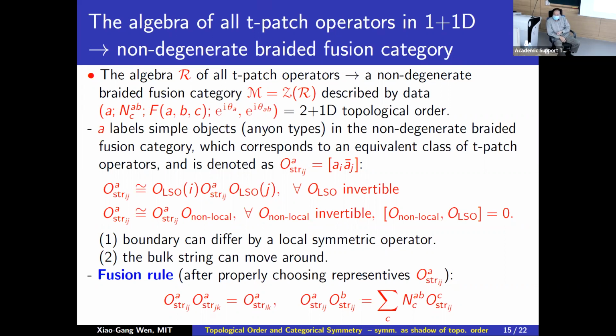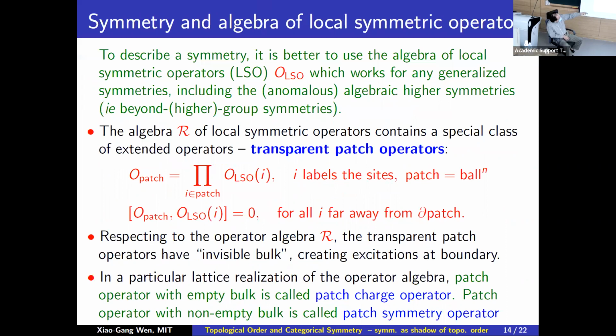Just technical questions. When you define the patch operator, this patch operator includes only the inside of the volume. Namely, it doesn't include the operator sitting on the boundary. The patch operator, you have a lattice model, right?